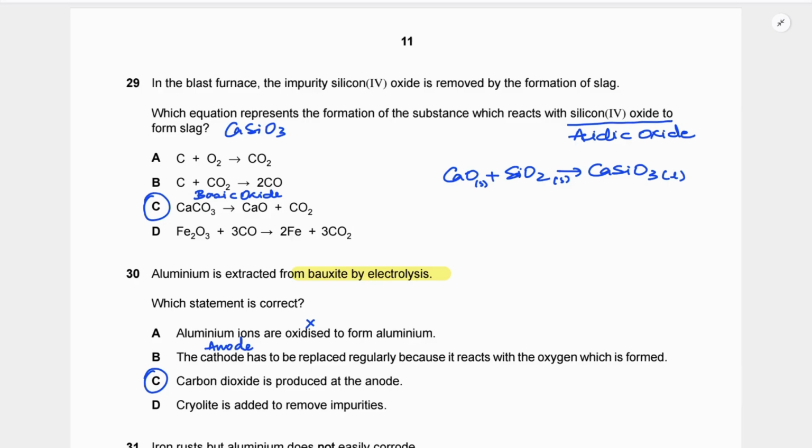Over here, calcium carbonate is going to thermally decompose to get calcium oxide and carbon dioxide. So C is the correct answer for forming slag. Once we get calcium oxide, this will again react with silicon dioxide to give slag. So the correct answer is C.